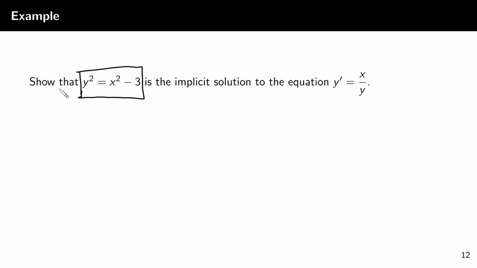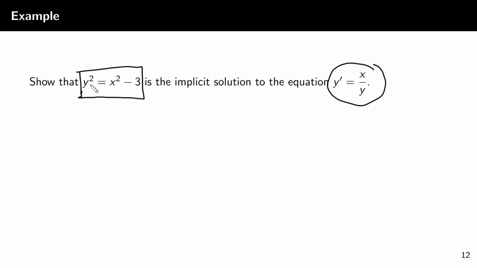So let's show that this is an implicit solution to this equation. So how do we do that? Kung meron tayong explicit solution, all we need to do is plug in. But in this case, we have to do something else. So ang gagawin ko dito is I will get the derivative of both sides of this solution.